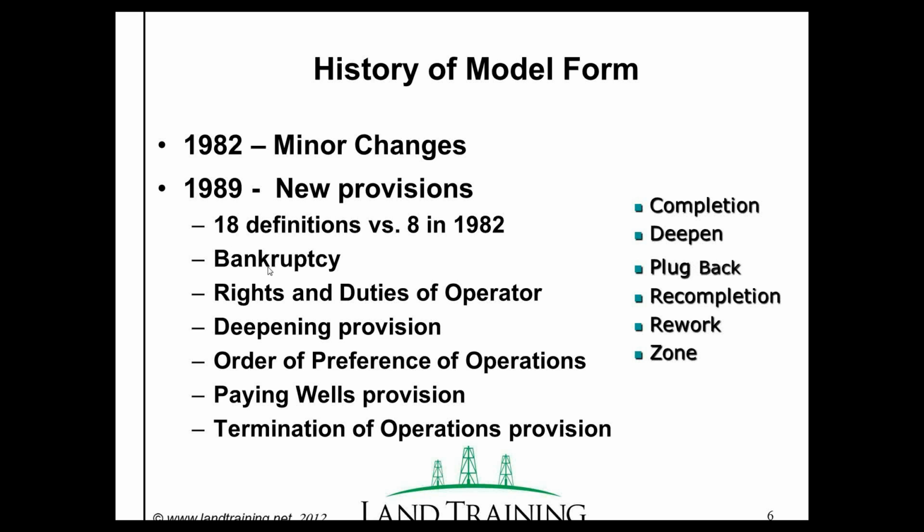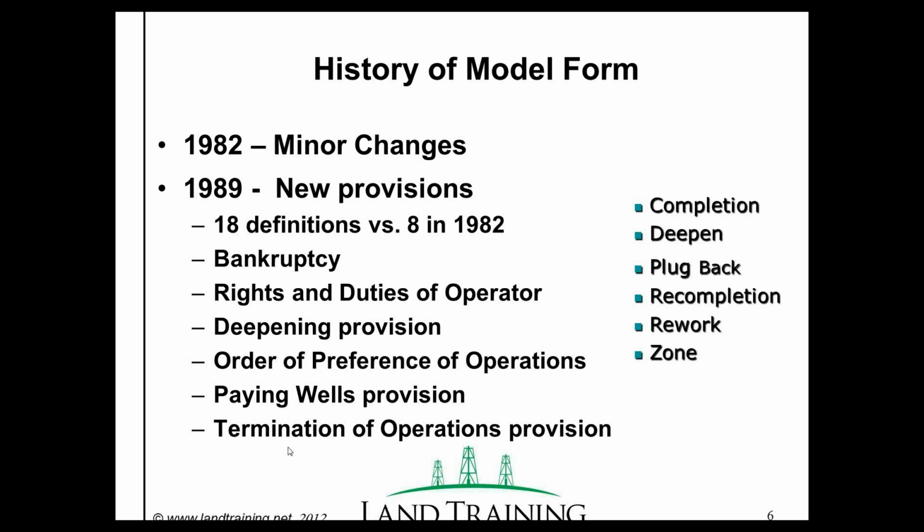They talked about the impact of bankruptcy on working interest owners. They talked about the rights and duties of the operators, including if they had the right to enforce a lien against the parties that were not paying for their fair share, what a deepening provision was. Then it established the order of preference of operations. What do we do first? What do we do second? What do we do third? And then how you handle paying wells.